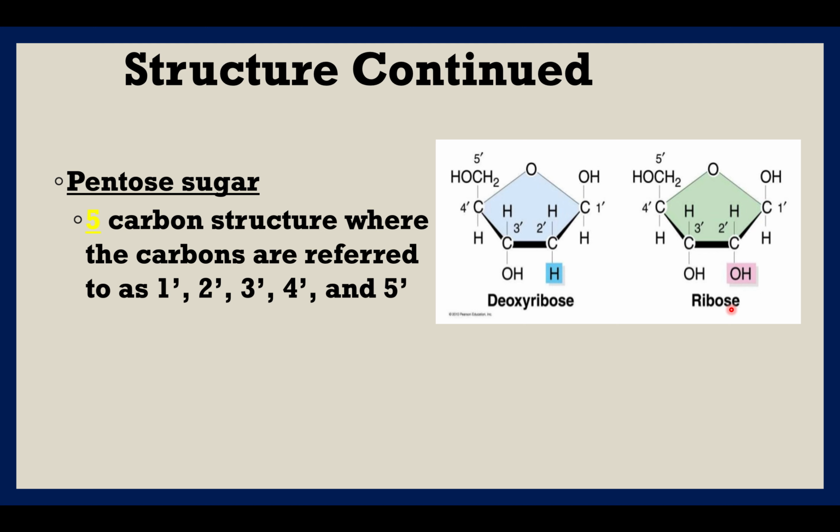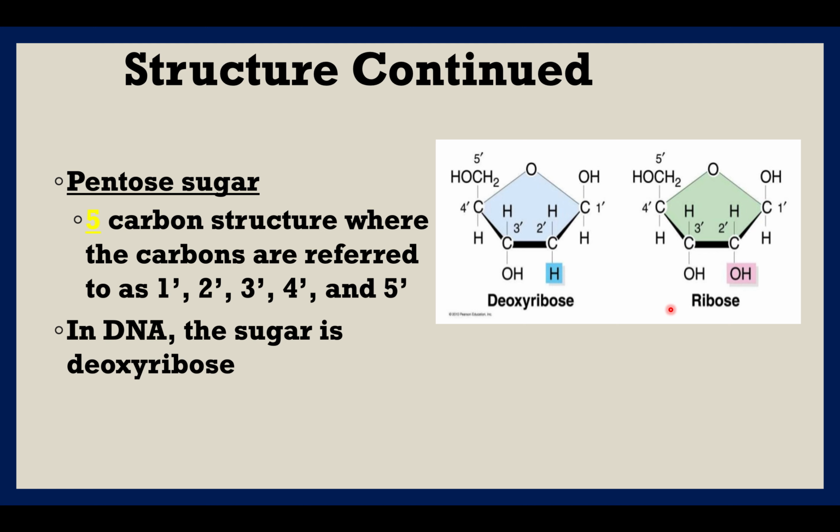If you know what DNA means, it means deoxyribonucleic acid. Ribose is found in RNA, and in a similar way, RNA means ribonucleic acid. So just ribo, not deoxyribo. In DNA, the sugar is deoxyribose, and in RNA it is ribose. I just told you what the names mean. I hope this helps you.